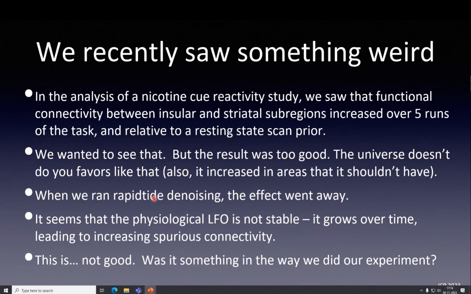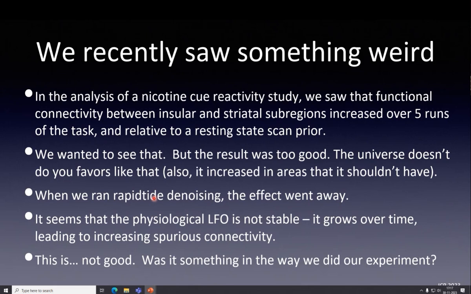Basically, they had this cue reactivity experiment, which elicited a very strong response to a task. And she wanted to look at whether this affects long-term insular-striatal connectivity. Does it potentiate over time? Like by the time you've seen this five times, are you clawing at the inside of the magnet to have a cigarette?